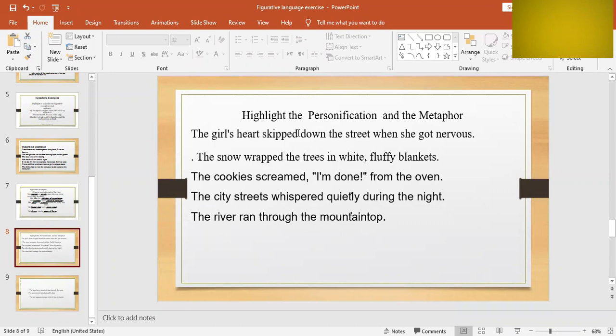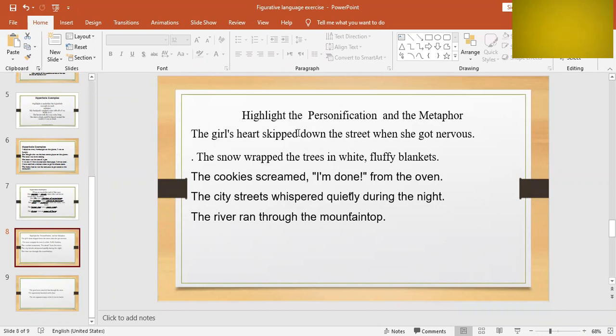So her heart skipped. So you color the heart movement with a person's movement. So it is a type of personification, and it is a type of metaphor too, because heart cannot skip.